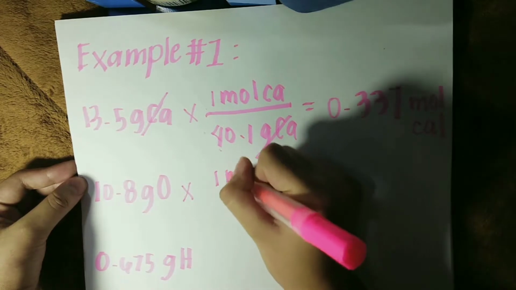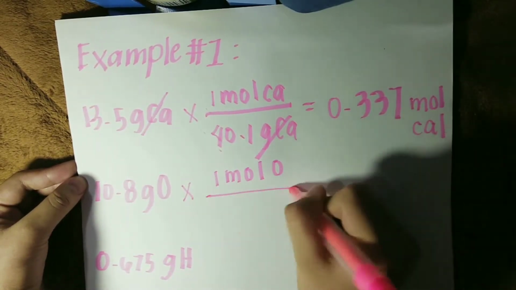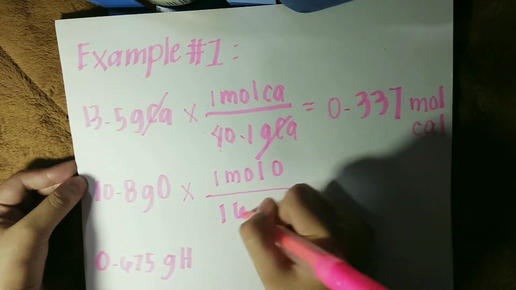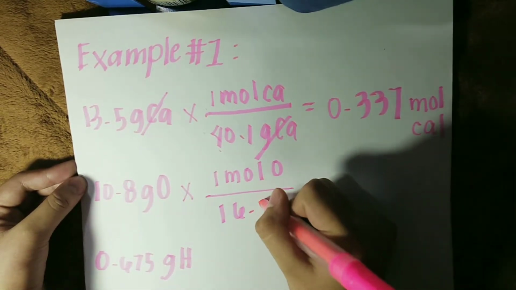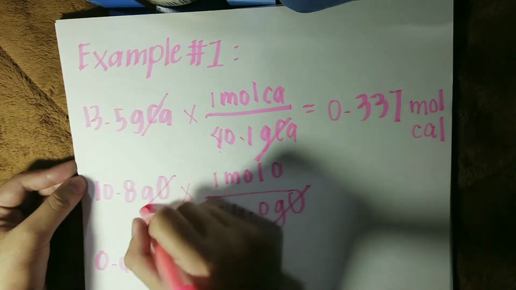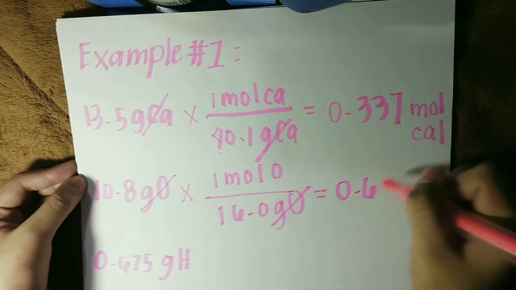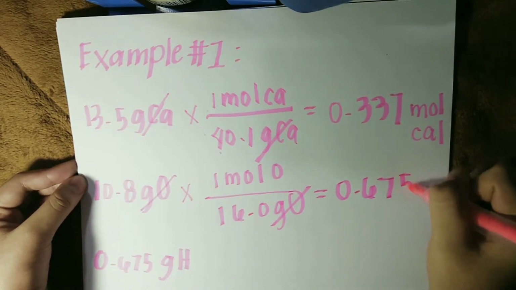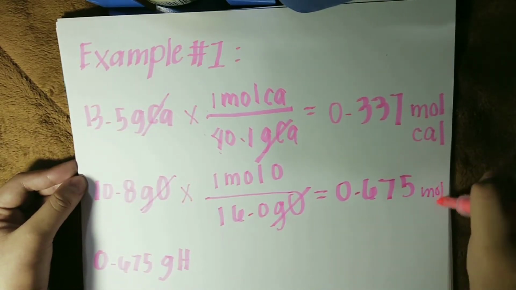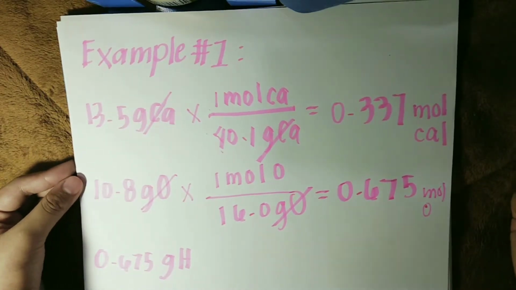And for oxygen, we're going to do the same thing. So 1 mole oxygen over 16.0 grams oxygen, cancel out, is equals to 0.675 mole oxygen.